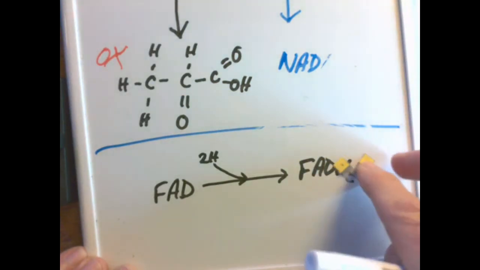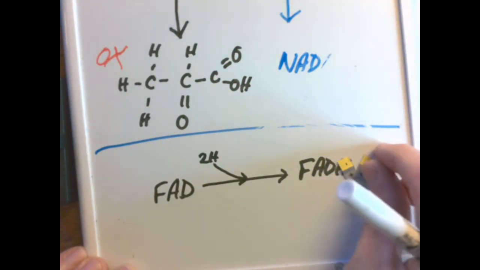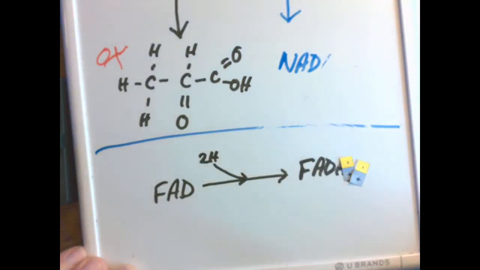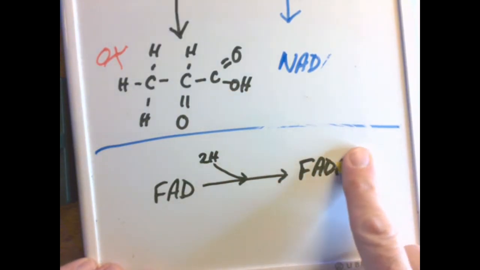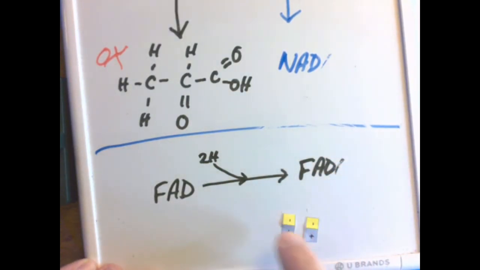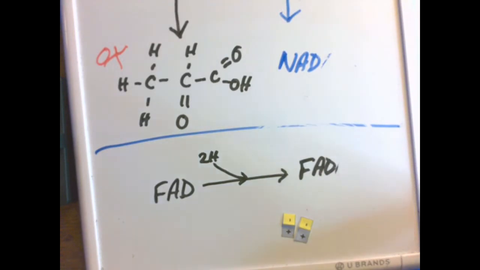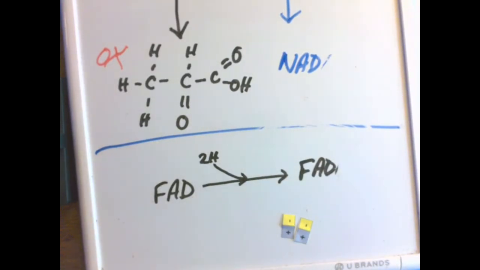If I say to this FAD, hey, here's 2 hydrogens. You're now called FADH2. And then later on, I say, oh, I need 2 hydrogen atoms to do something useful. I need it for some metabolic process. I'll say, give me those 2 hydrogens back. It'll say, sure, I'll give you those 2 hydrogens back. Here they are. FAD is perfectly willing to hand me back those 2 hydrogens. NADH is perfectly willing to hand me back its hydrogen.